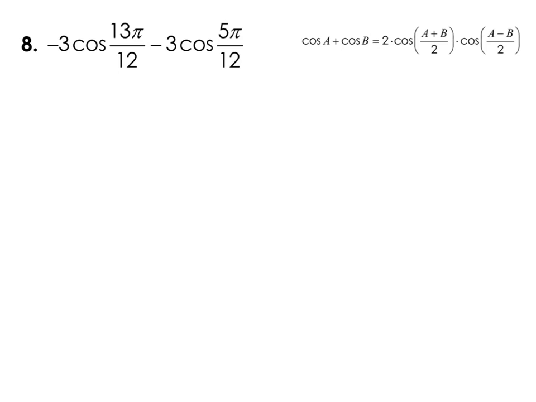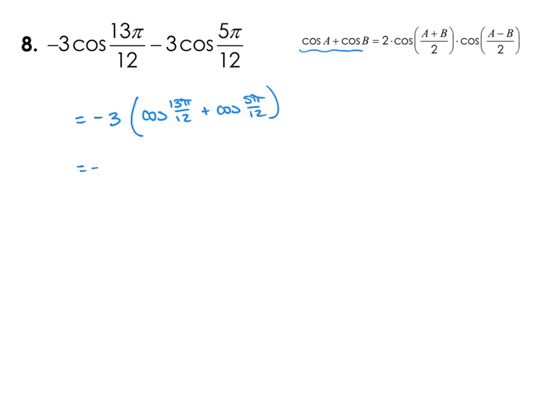Okay, so for number 8, we're going to approach it the same way by starting by factoring. So I'm going to take out a -3, which is going to leave me with the cosine of 13 pi over 12 plus the cosine of 5 pi over 12. So now I'm going to use the cosine of a plus cosine of b formula.